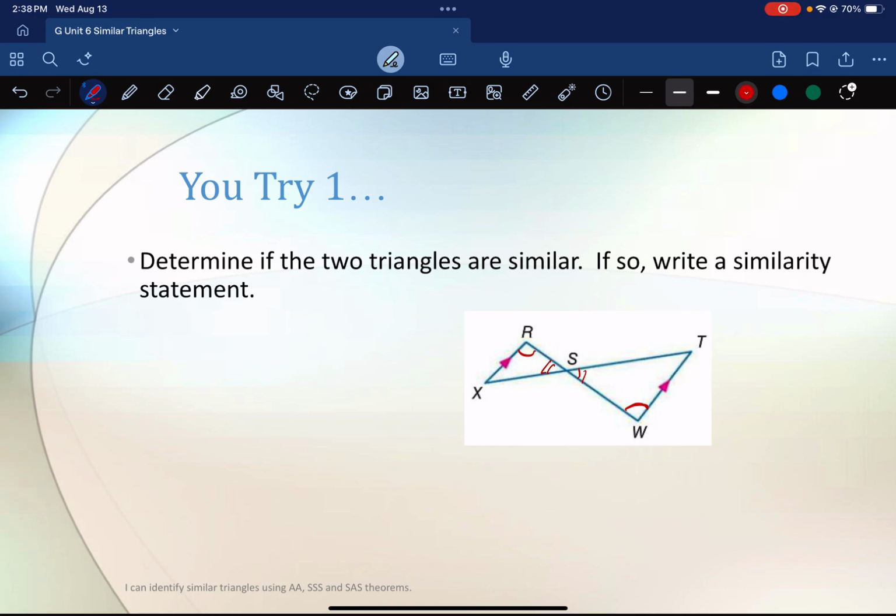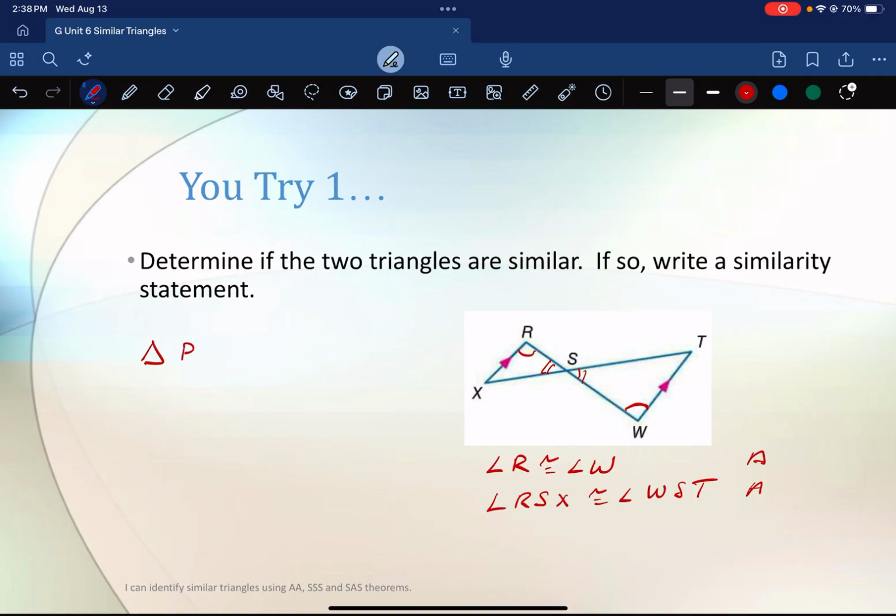And so now I suddenly know that angle R is congruent to angle W, and I know angle RSX is congruent to angle WST, and that's angle, angle. So these are similar.